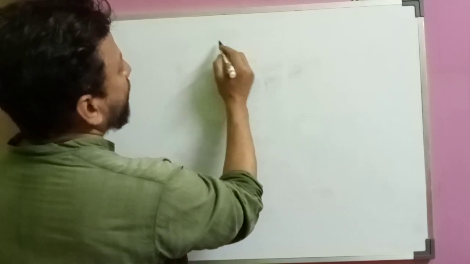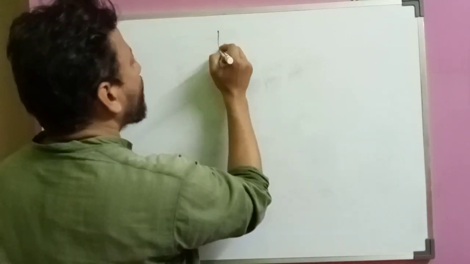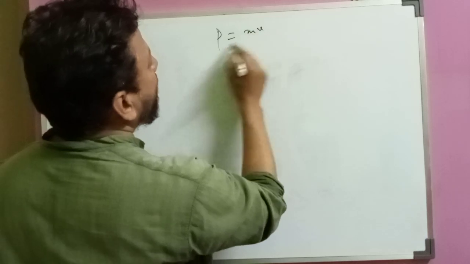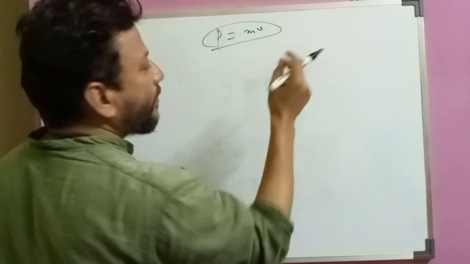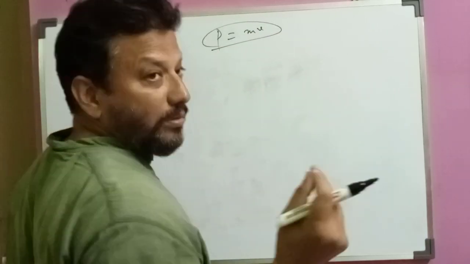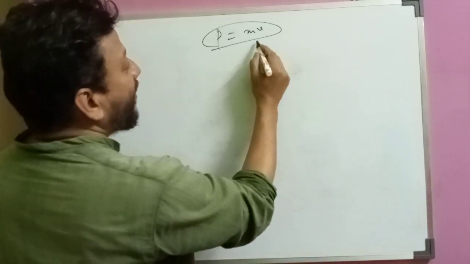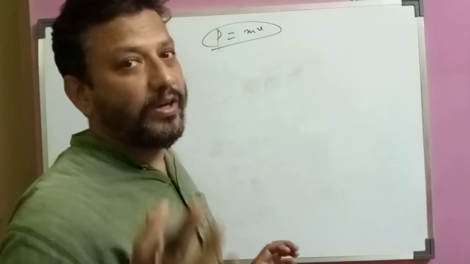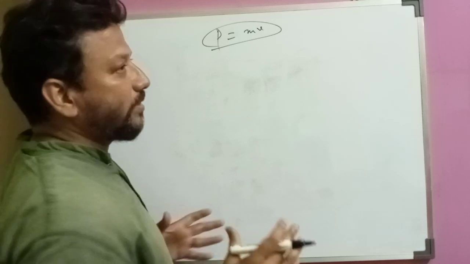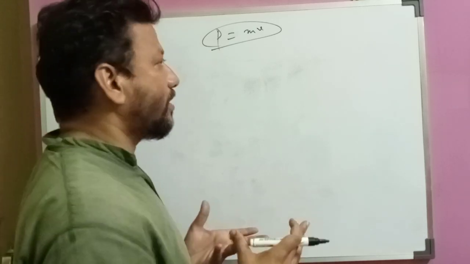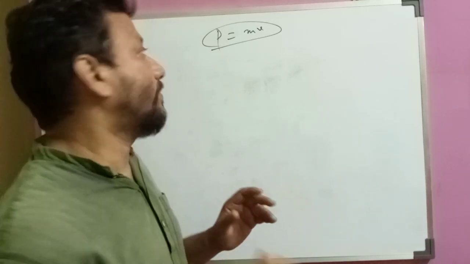Now, as momentum, this is the basic question: P is equal to mv. A question may come in the examination whether momentum is a scalar or a vector quantity, and they simply ask you to justify your answer.